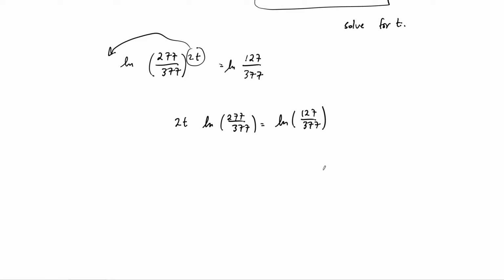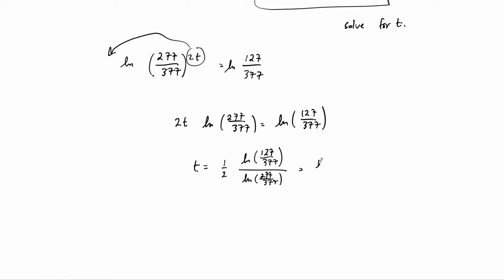All right, these numbers are a little messy, but we're going to get it now. So our t is going to be equal to 1/2 of this ratio. So log of 127 over 377 divided by log of 277 over 377. This, remember, can be written as 1/2.